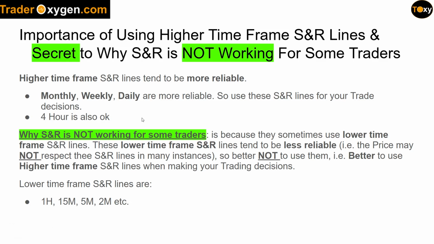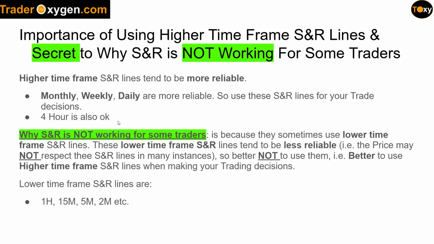However, it's very important that you use the higher time frame support and resistance lines because they tend to be more reliable. So when it comes to making your trade decisions, it's advisable and important that you draw the support and resistance on monthly, weekly and daily charts and consider those as your support and resistance.